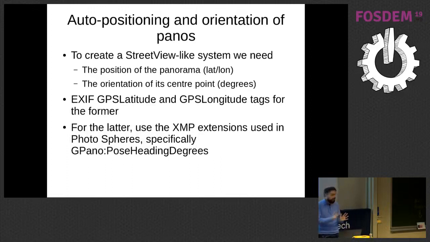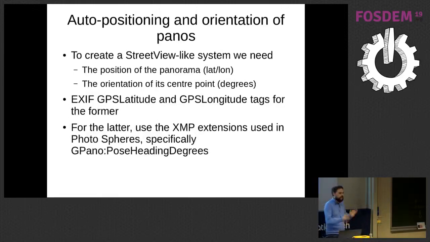So the JPEG format can store metadata in the form of EXIF tags, which describe different properties of the photo, such as its latitude, its longitude, the time it was taken, and so on. So there are two EXIF tags of interest here, GPS latitude and GPS longitude, which we can extract to get our lat and lon.